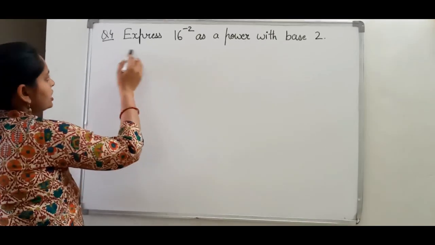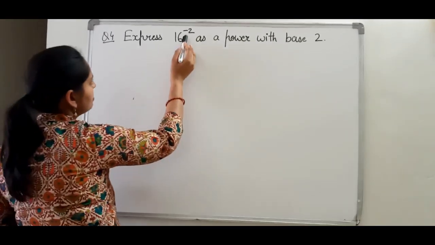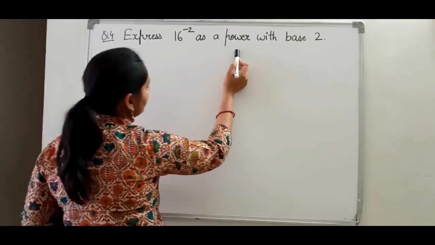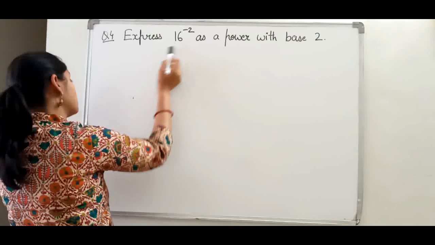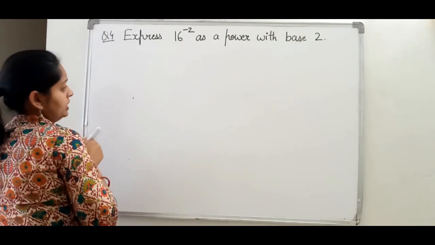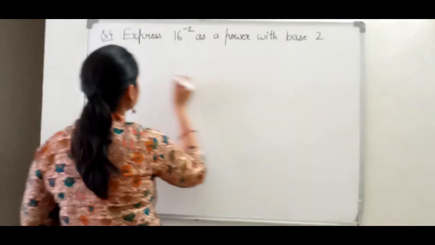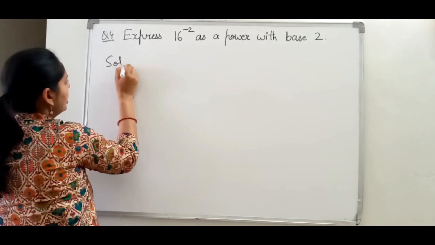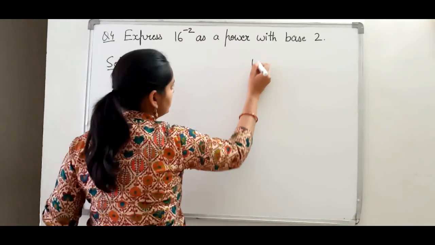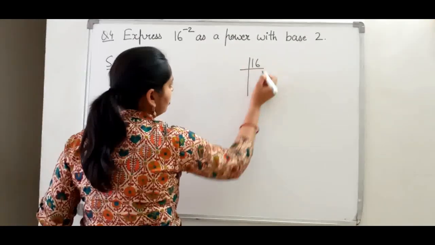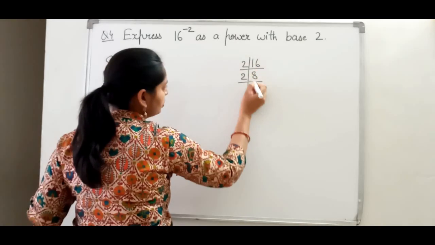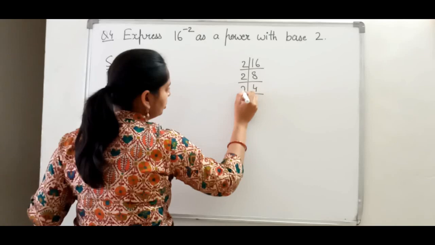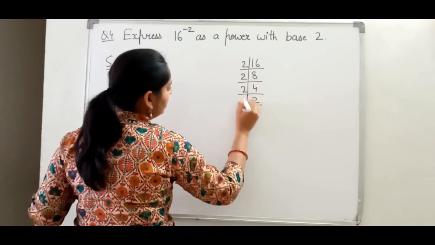Next question: express 16^(−2) as a power with base 2. It means we have to make the base 2. How to change the base? See, 16 is there, so we will do the prime factorization of 16. All of you know: 2 eights are 16, then 2 fours, then 2 twos, and 2 ones.